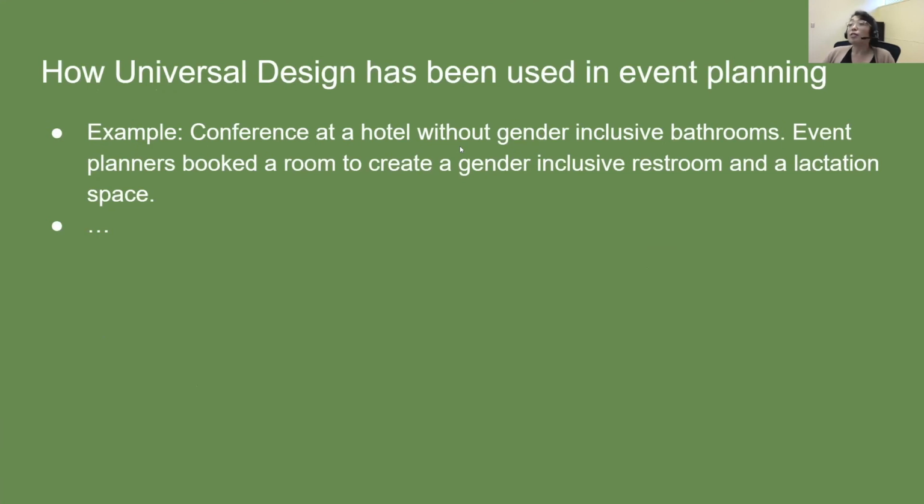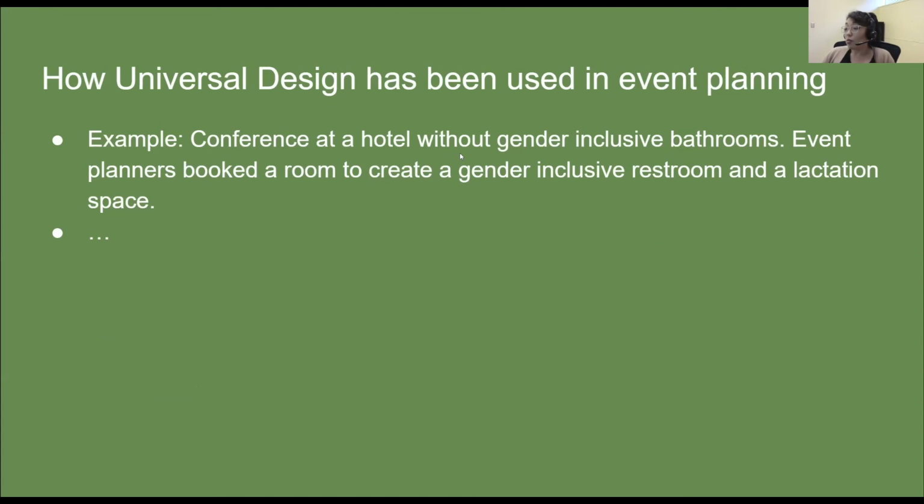How universal design has been used in event planning. So universal design, well, we've discussed quite a bit how it has to do with disability and accessibility. It can support a variety of different needs for participants. I have a real life example that happened a couple of years ago.